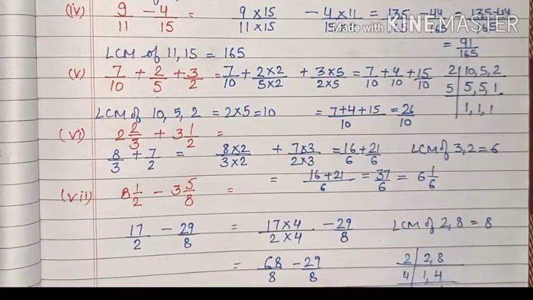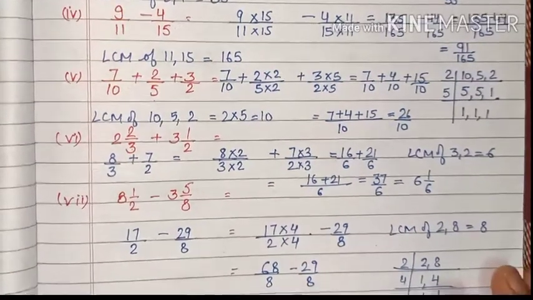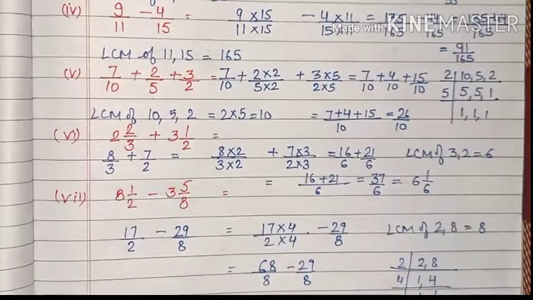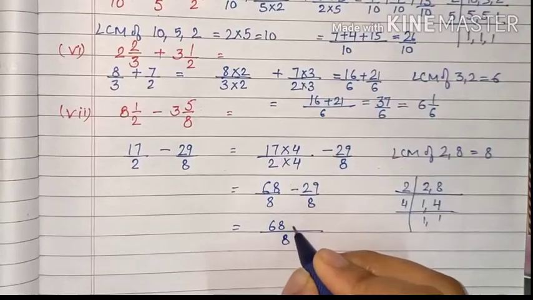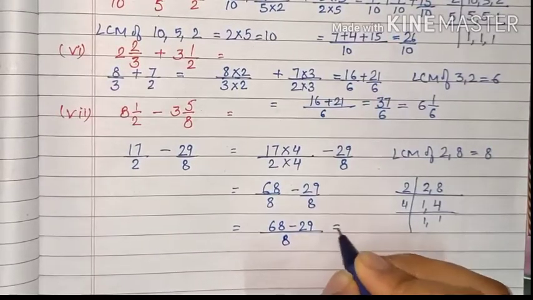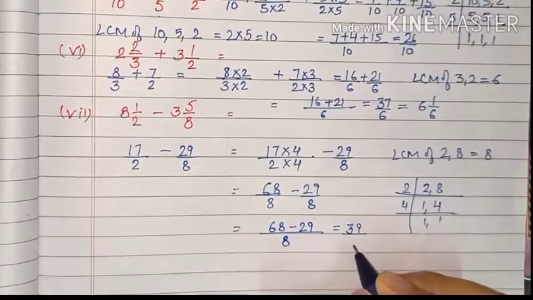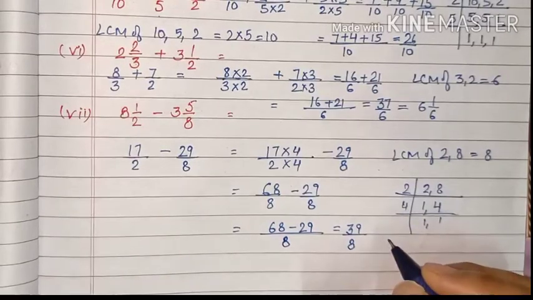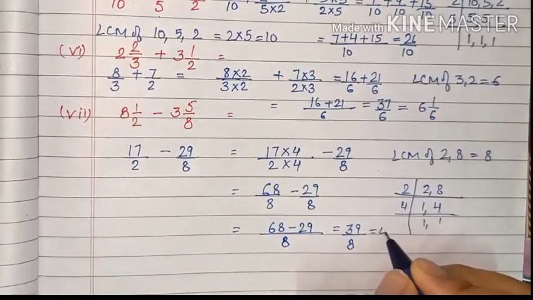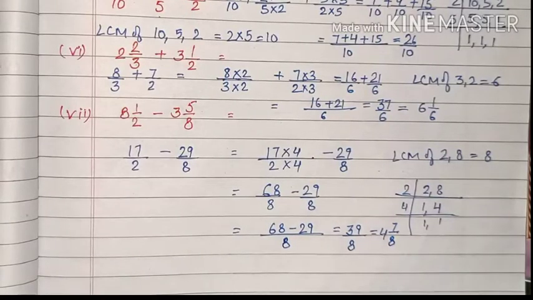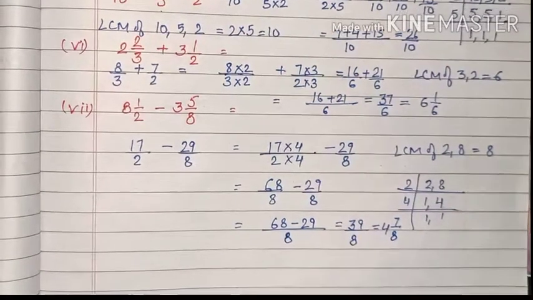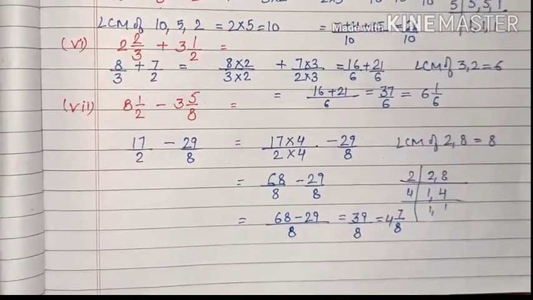Now write the common denominator, that is 8. Now we will subtract 68 minus 29. It will be equal to 39 upon 8. Okay, we can write it as a mixed fraction. It will be 4 and 7 upon 8. So this was the solution of question number 1 of exercise 2.1.